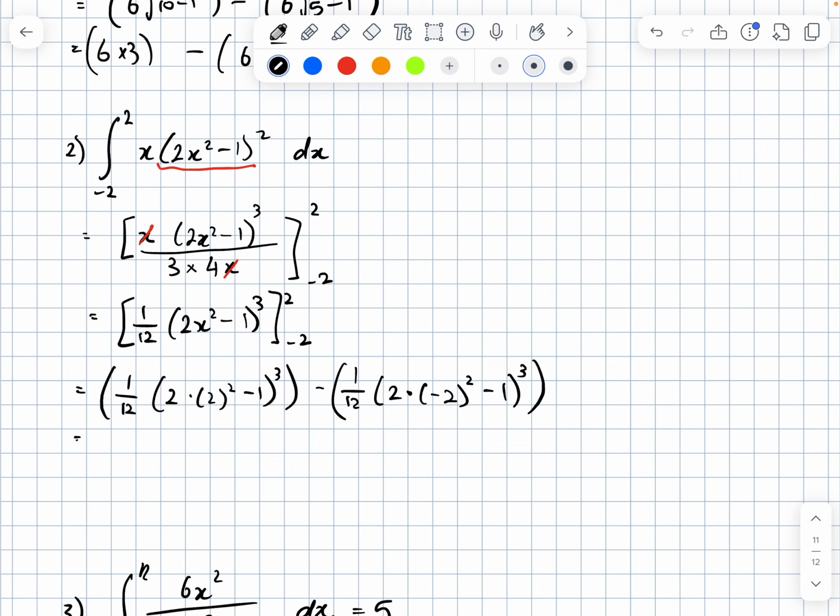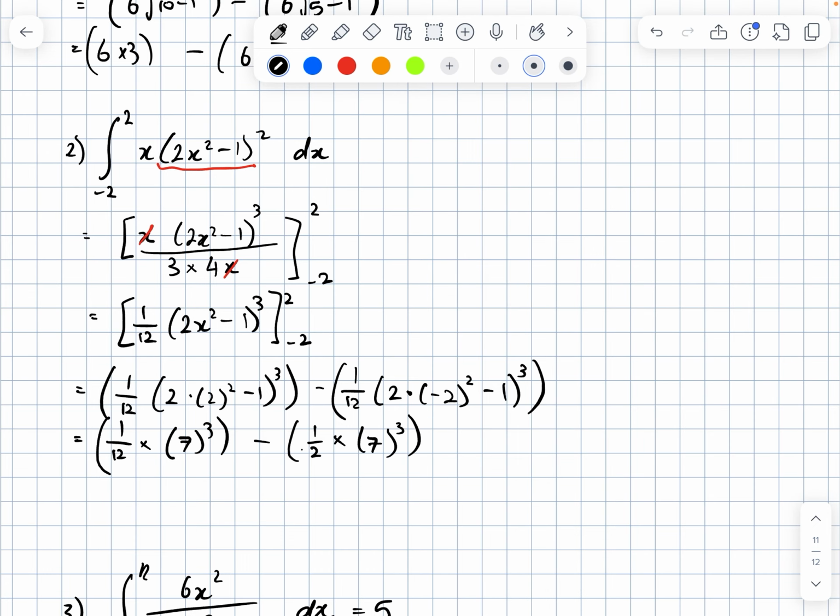That gives us 1/12 times 2 squared is 4, times 2 is 8, minus 1 is 7. So that is 7 to the power 3, minus 1/12 times, well, negative 2 squared is 4, times 2 is 8, minus 1 is 7.